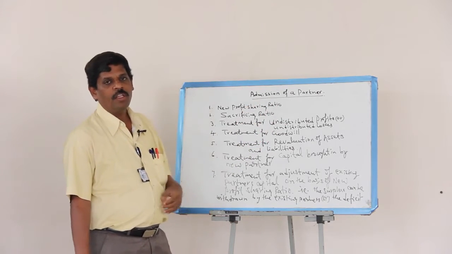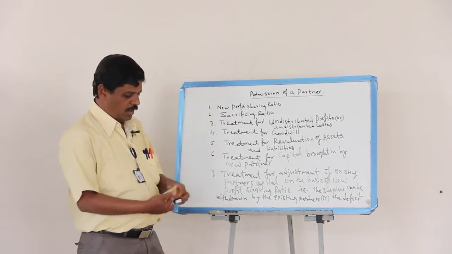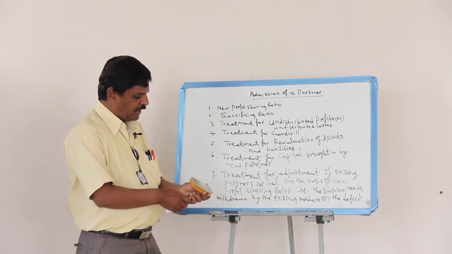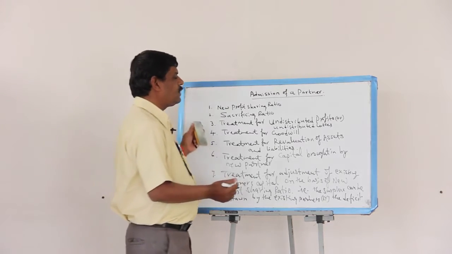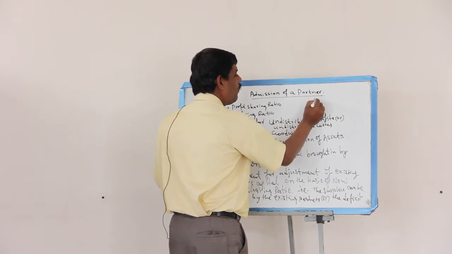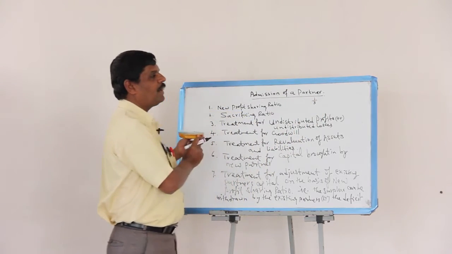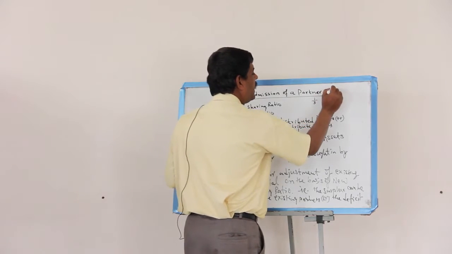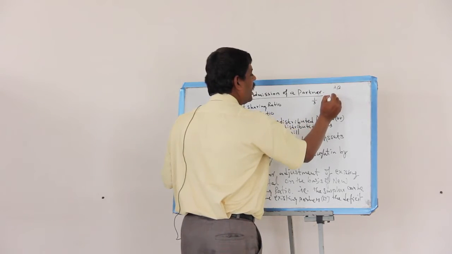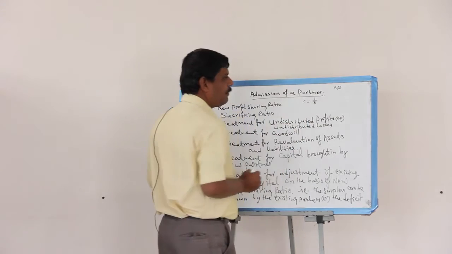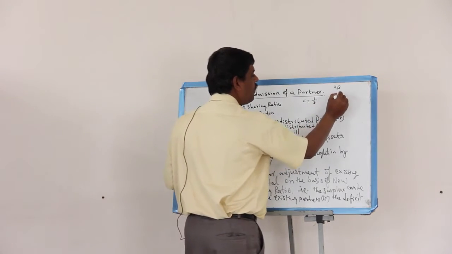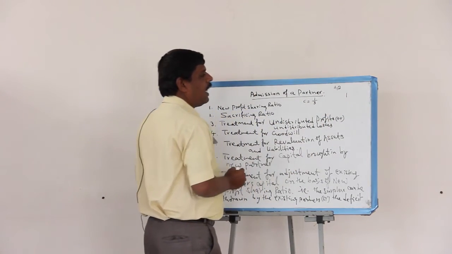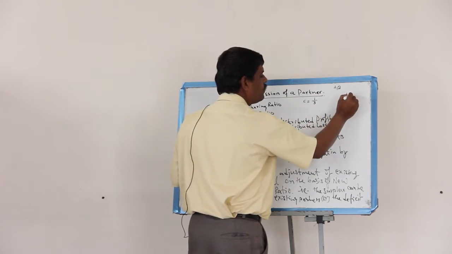This will be based on the information given to you in the problem. If the problem says that the new partner is given 1/3 share, then A and B are existing partners and C is given 1/3 share. Let the total share of the business be 1 and the new share given to him is 1/3.